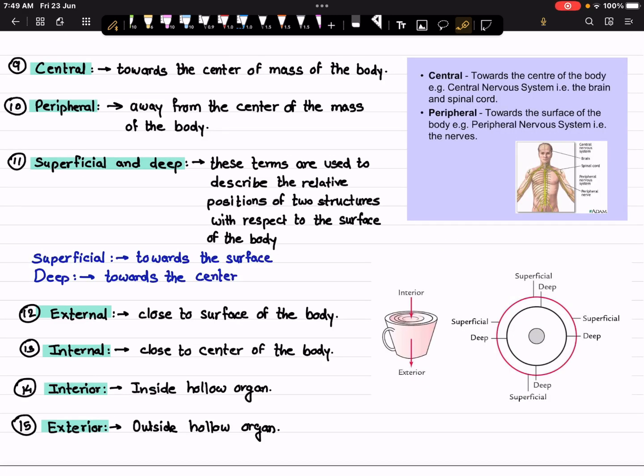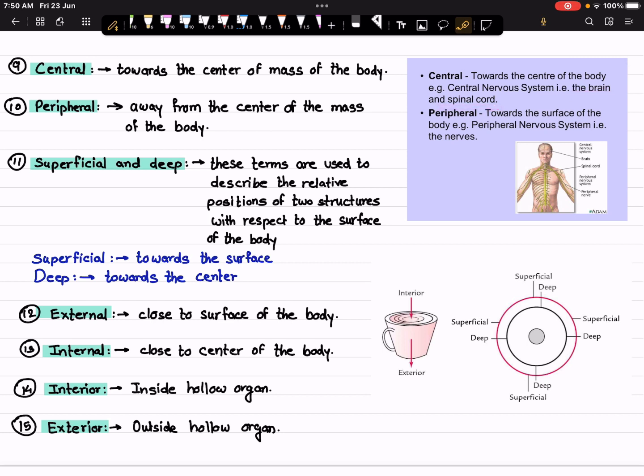Now coming towards another set of terms which are quite similar and related to each other and hence can become confusing. Moving first towards central. Central is what? Towards the center of the mass of the body. And when it comes to peripheral, it is away from the center of the mass of the body. For example, towards the center of the body is the central nervous system, and the central nervous system consists of brain and spinal cord.